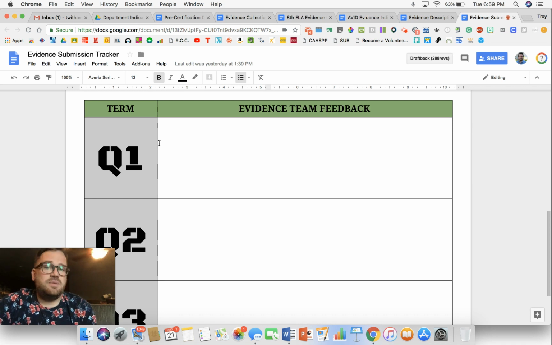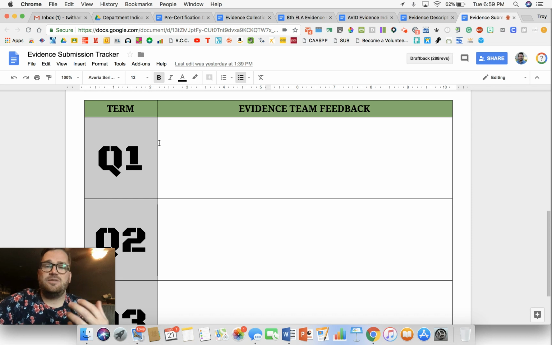If a teacher submits a piece of evidence and let's say they only circled on the evidence sheet that it fits into one indicator, and we ended up thinking, no, this fits into 2 or 3, this encompasses a lot of WICOR strategies, this is phenomenal, we can tell them that in here and give them feedback to coach them on how to spot those other indicators more readily in the work that they collect as evidence.